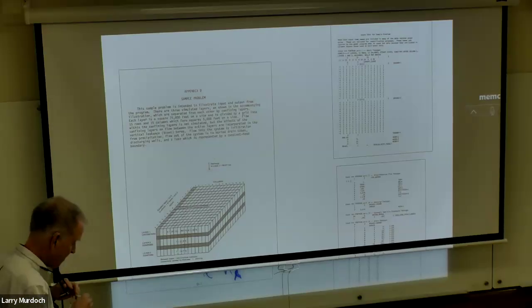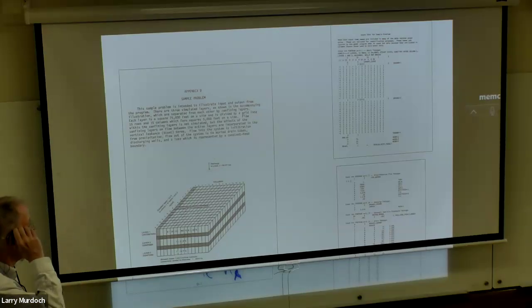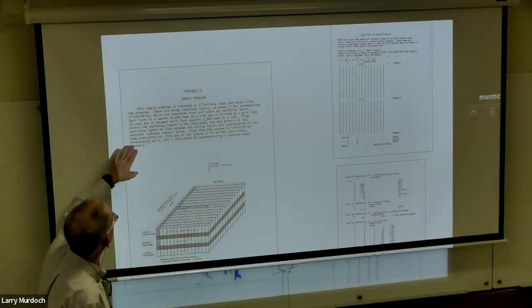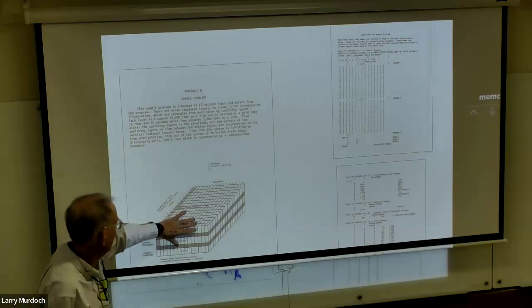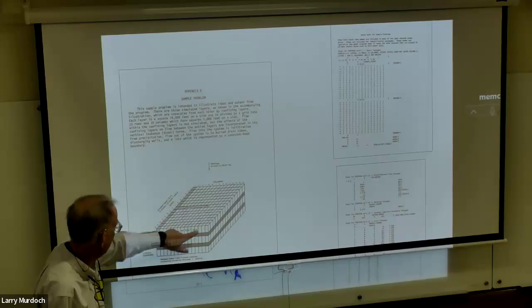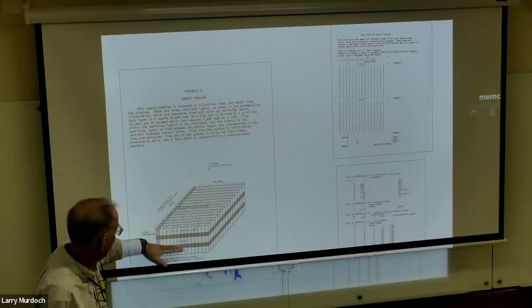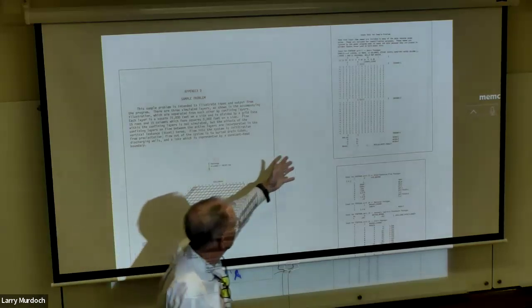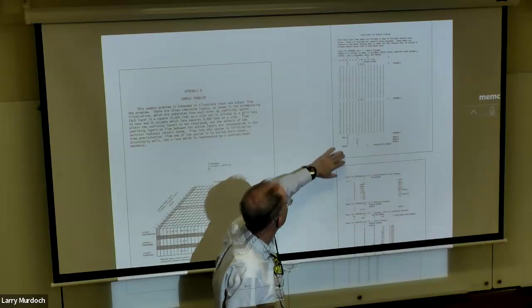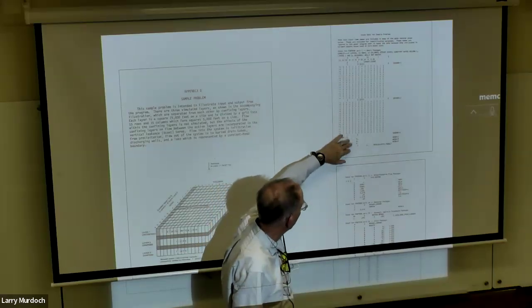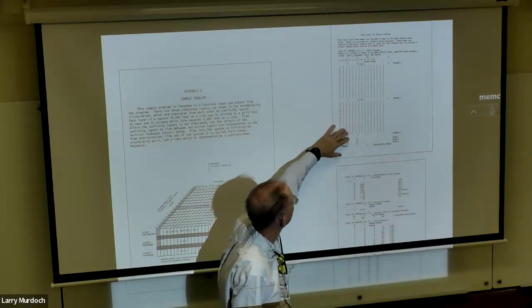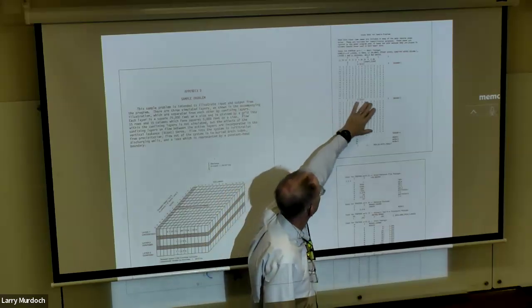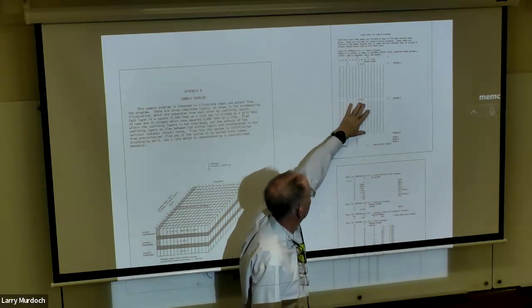ModFlow has a big manual, and here's a page from the manual. Here's the grid, the finite difference grid, some layers, and there's a drain. And this is what the input looks like. So a bunch of numbers in a format here. This is maybe the size of the grid here.